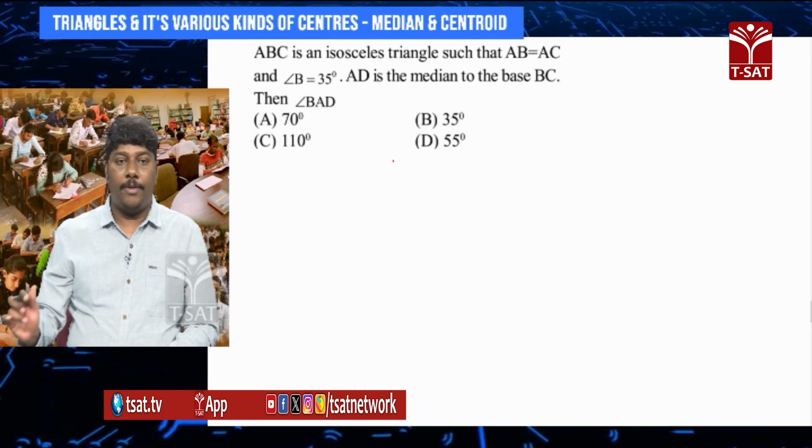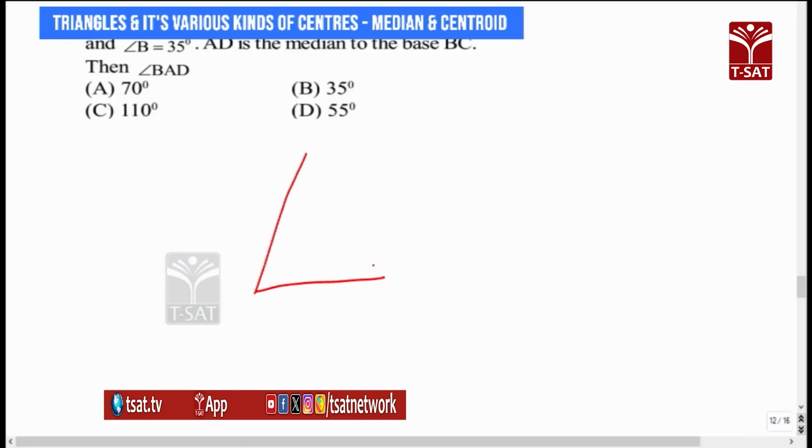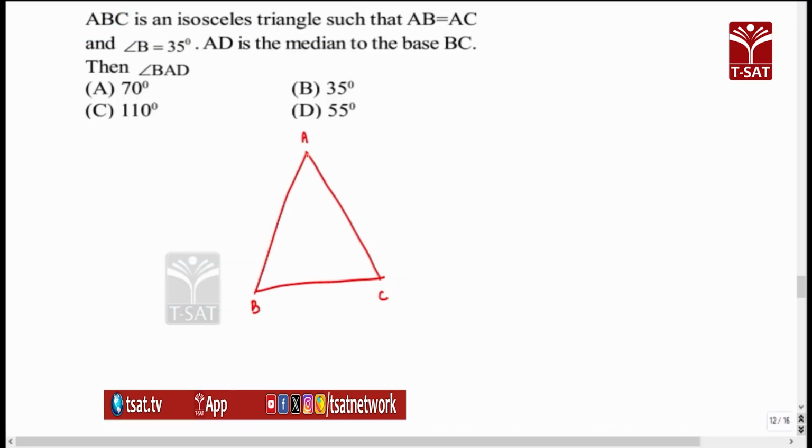Here in this problem, ABC is an isosceles triangle. AB is equal to AC. Here he says AD is a median. You can take AD as altitude also. It becomes a median, and in an isosceles triangle, median is also altitude and everything else also. Altitude means it is a right angle. Angle B is equal to 35.